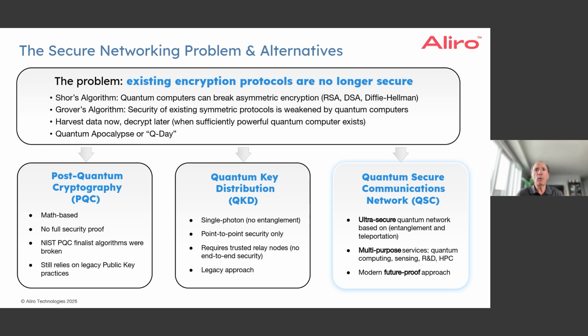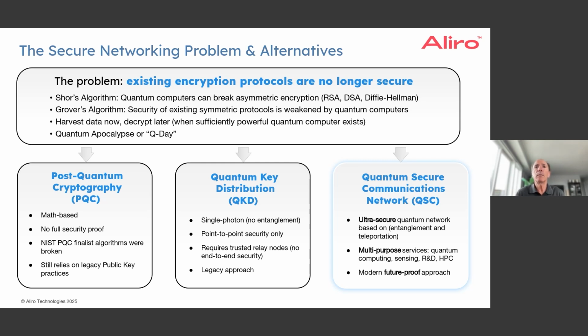So that's why over on the right, we say that using entanglement is the ultimate in security. To distinguish it from what's in the middle here, we call it QSC, quantum secure communication. So now you're using single photons, but you're not sending them one at a time from Alice to Bob. Instead, Alice and Bob are sent one pair of entangled photons, and they measure them.